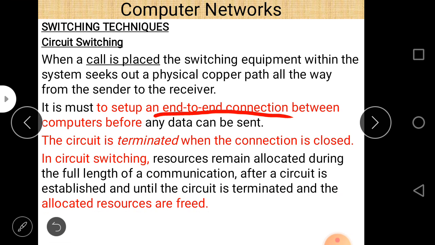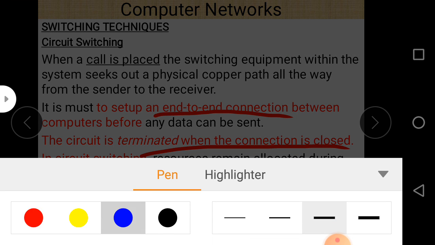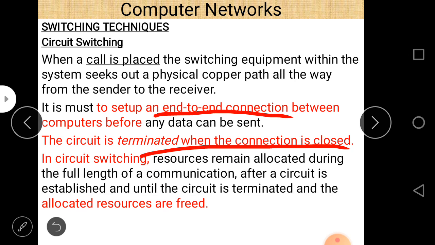The second point is that the circuit is terminated when the connection is closed. And the third point is that resources which are allocated to different computers are freed when the connection is closed. So these are the three important points regarding circuit switching.